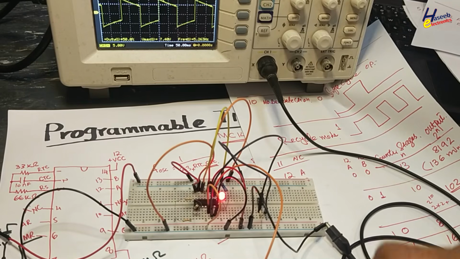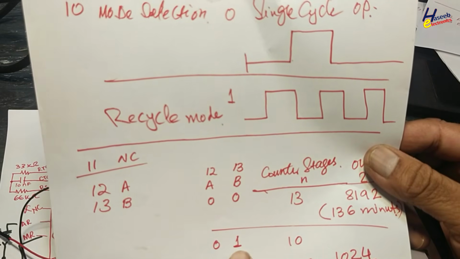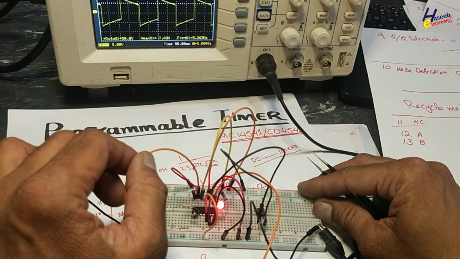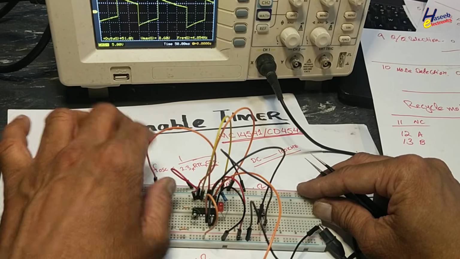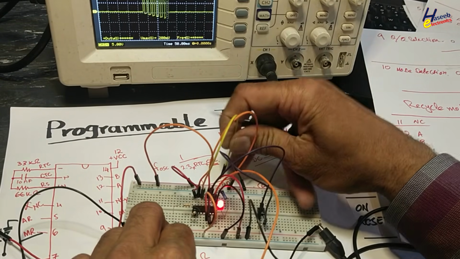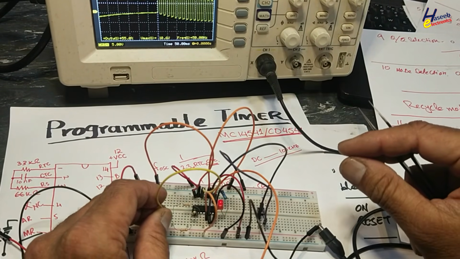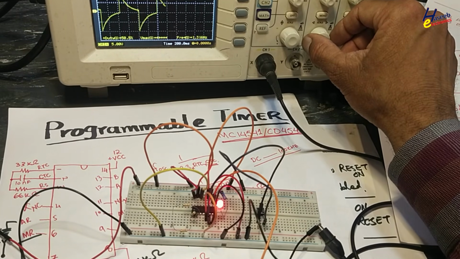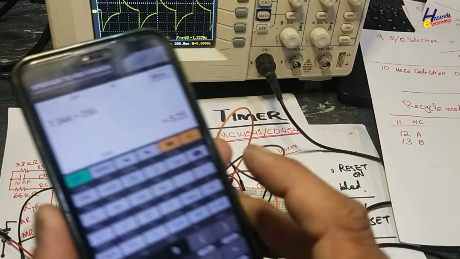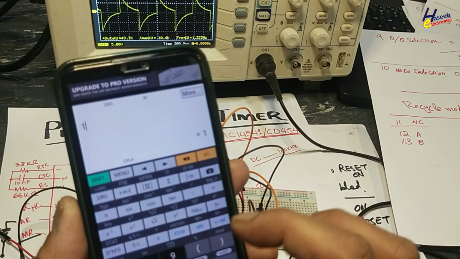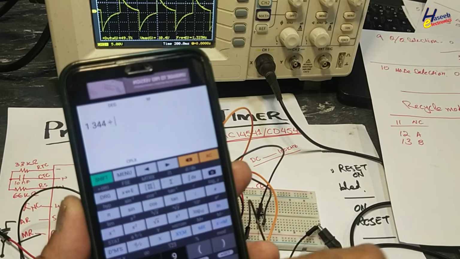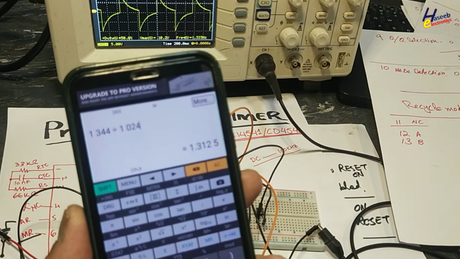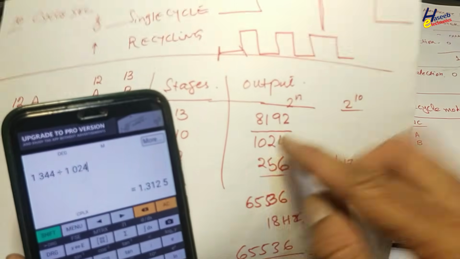Now if I will connect pin number 12 low, pin number 13 high, 1344 divided with 1024, that we calculated from here.